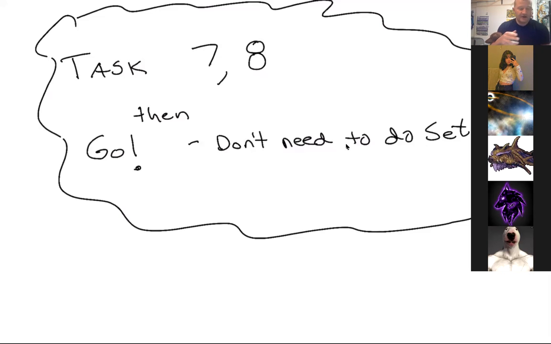Okay, so just finish number 7 and number 8 on the task on your own. Those should go really fast. And then just do the go. Don't do the set or the ready. Okay, just 7, 8, go. That's all you need to know, 7, 8, go.